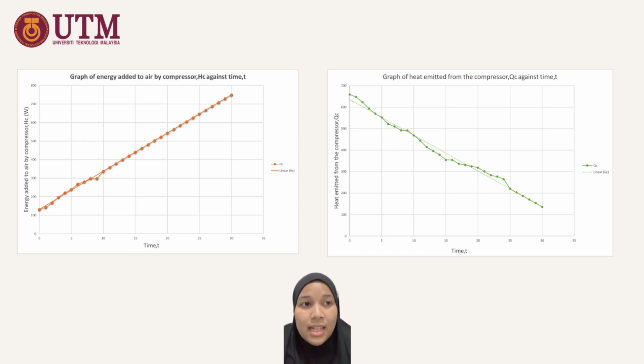This graph is a bit different from the previous graphs, in that it has decreasing data, so it means that as the x-axis is increasing, the y-axis is decreasing. In this case, as the time increases, the heat emitted from the compressor Qc is decreasing.